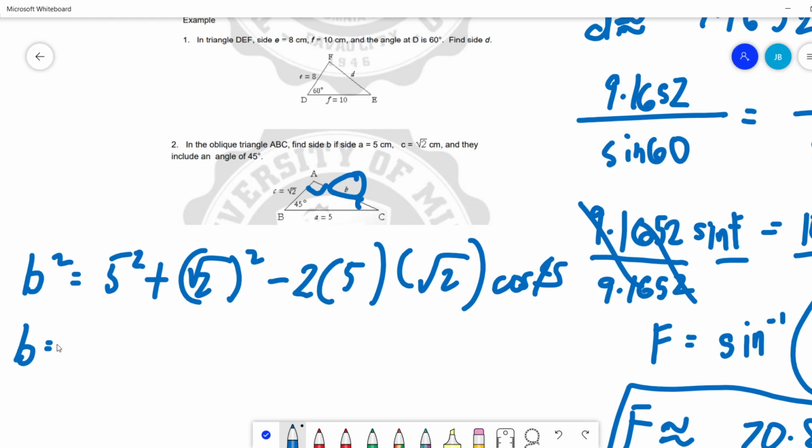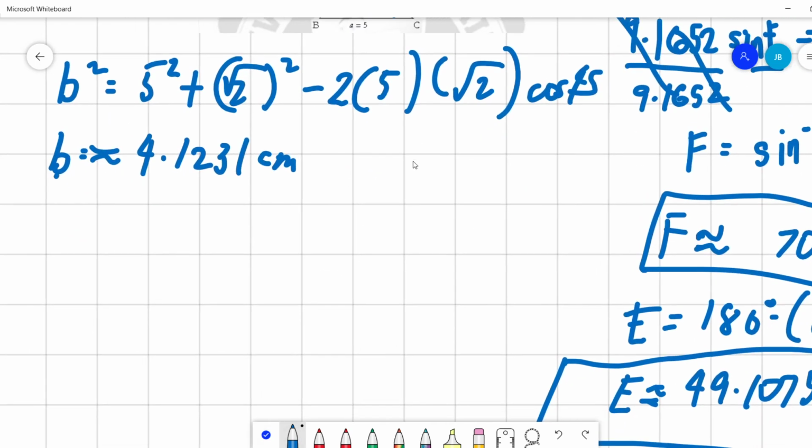Therefore, B would be equal to square root of 17 centimeters, or approximately 4.1231 cm. All right, so you have side B.